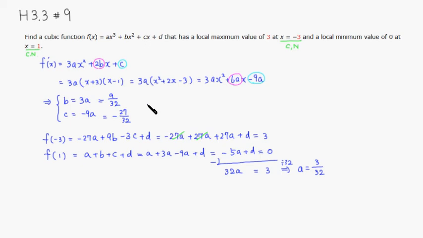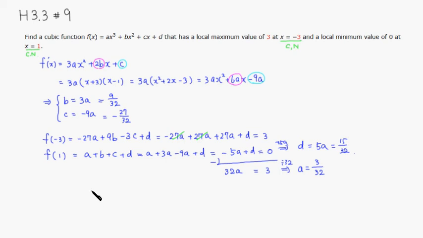And d, we can just add 5a to both sides, so d is equal to 5a, which means it's 15 over 32. It seems like 32 is always on the bottom, so I'll pull that out.